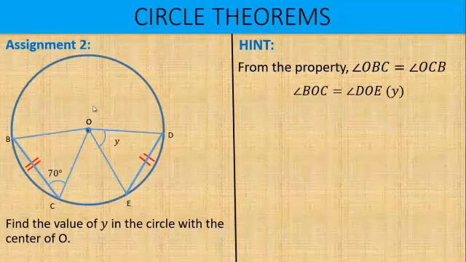We can find that angle, and if we are able to find that angle from the property, that angle is equal to y, and then we get our answer. So the answer is y equals 40 degrees. I hope you were able to score that too.